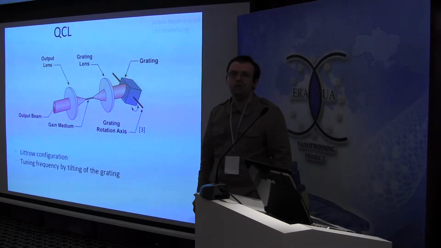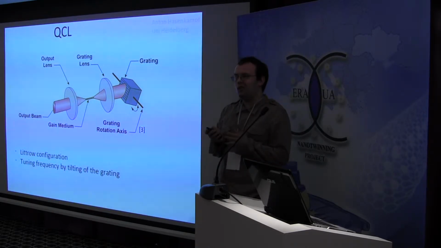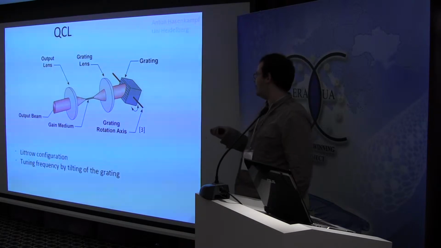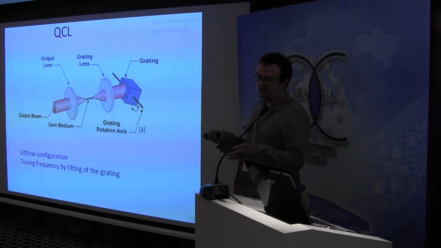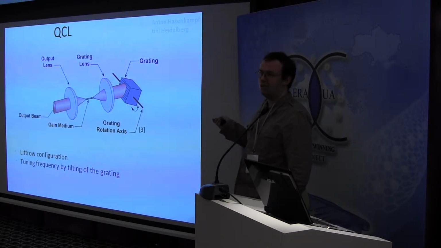First, a few words on the interior of the QCL. I don't know how many of you remember how a laser works, so I will say it to you. First, you have a gain medium, and you need a cavity. In this case, you have your output lens and a grating, and then the laser comes out.